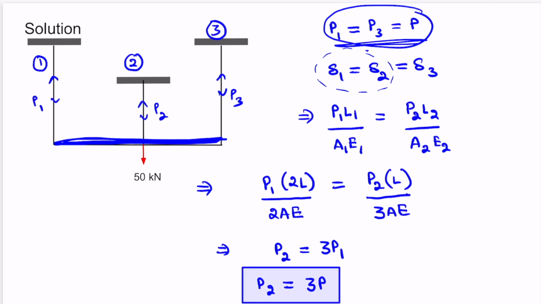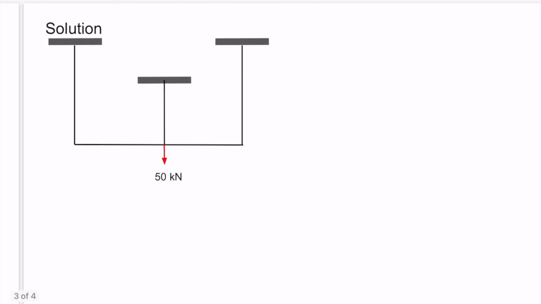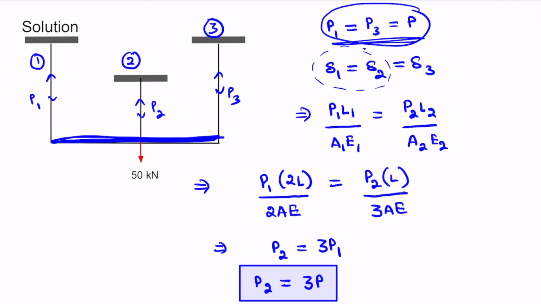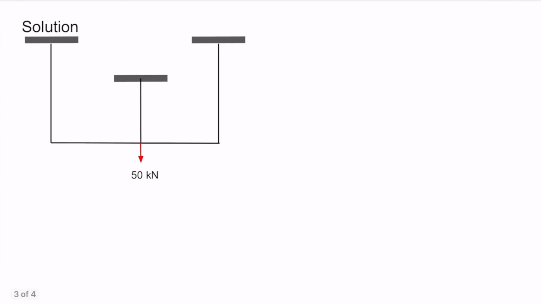Another thing to note is that when we satisfy the vertical equilibrium in this case, we get P1 plus P2 plus P3 equal to the applied load 50 kN.